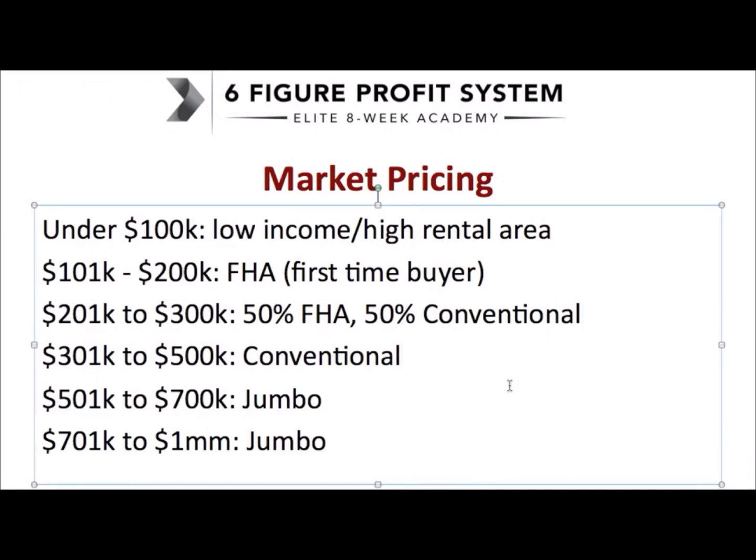Any of your like Washington, D.C., New York City, these markets that are just exceptionally high compared to the rest of the nation, this would all scale differently. So for example, in San Diego, your low income isn't under 100, it's probably under 500 is kind of the low income area of San Diego. So you will need to adjust these numbers if you're in one of those outlier markets, like a lot of California and New York City and so on.